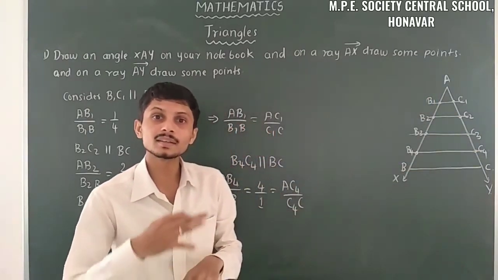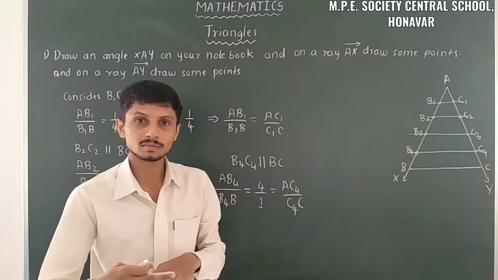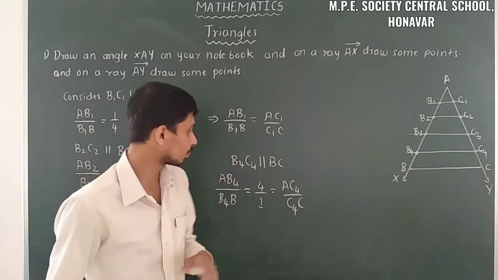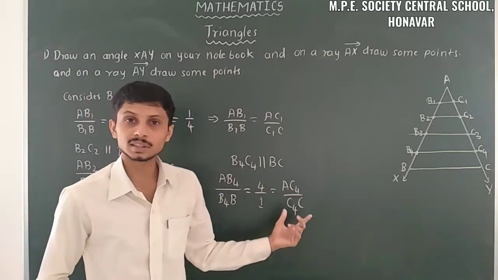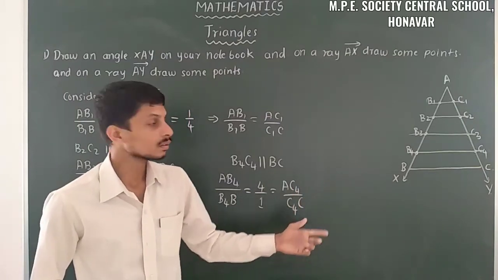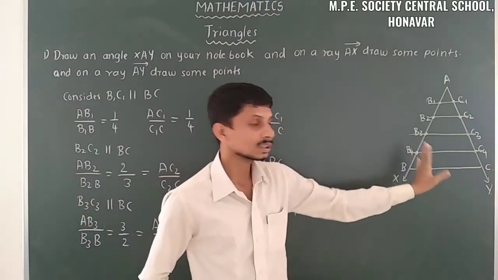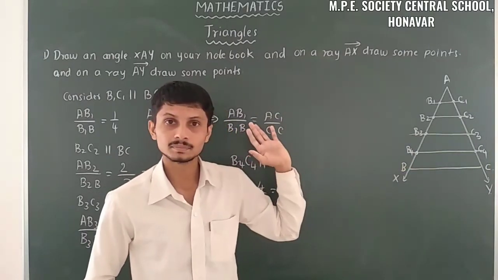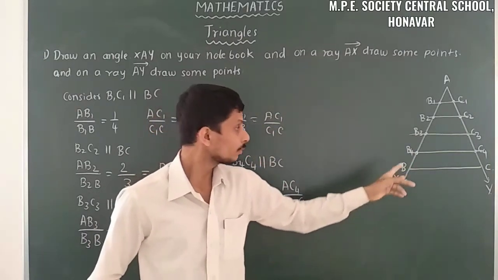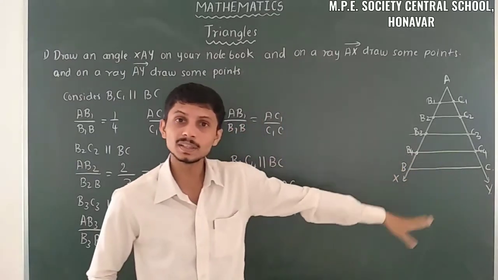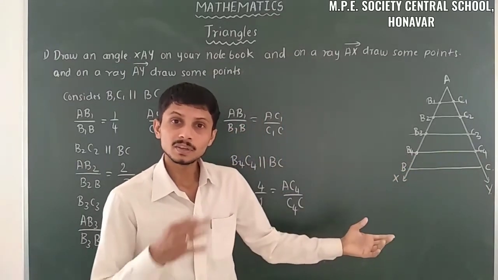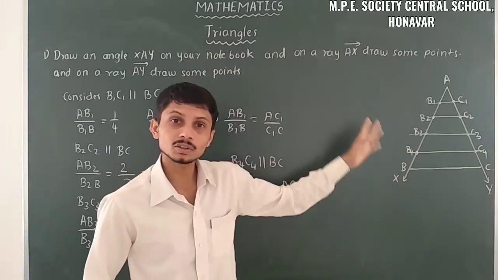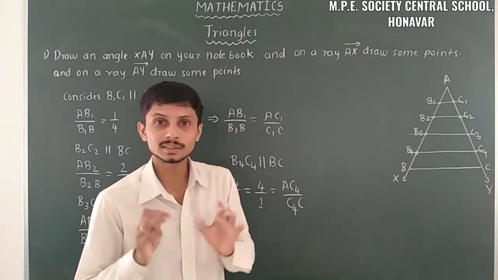When we take those two ratios and they are equal, then B4C4 is parallel to BC. Also, when B4C4 is parallel to BC, the other two sides are divided in the same ratio.